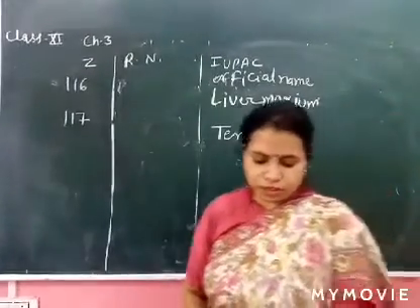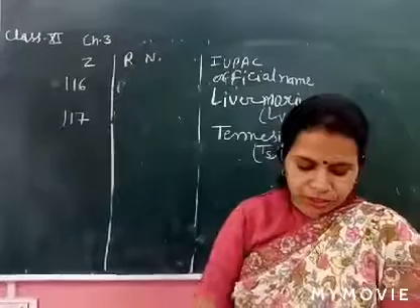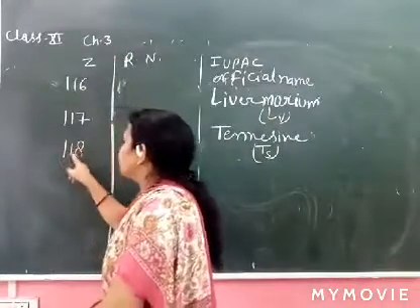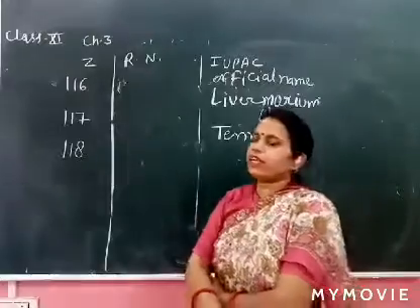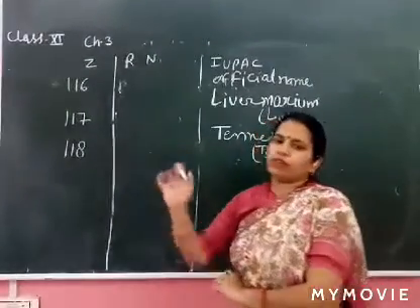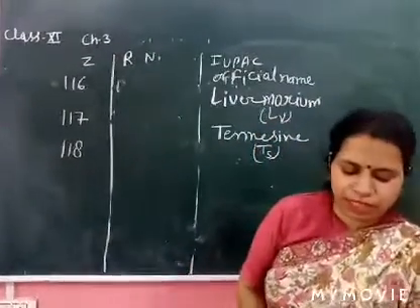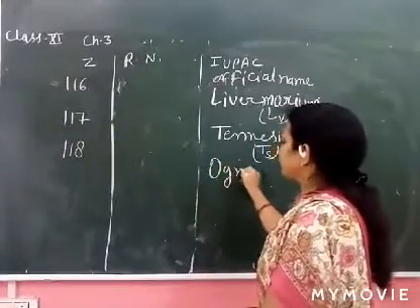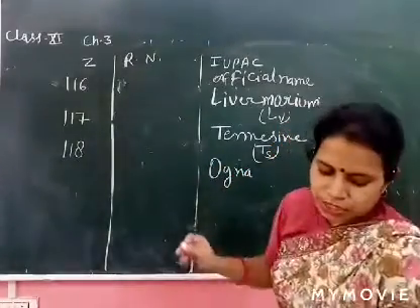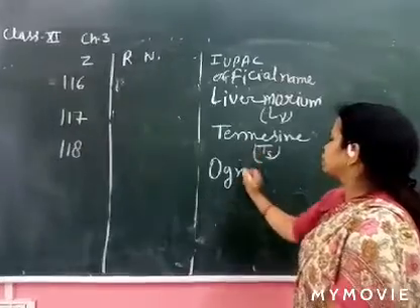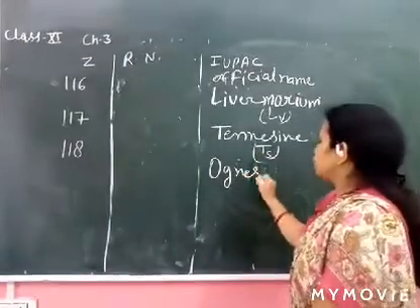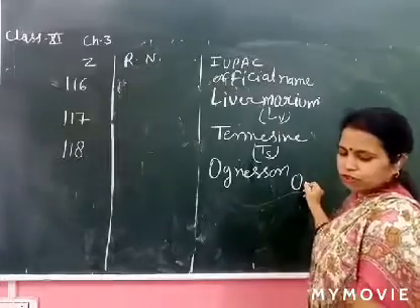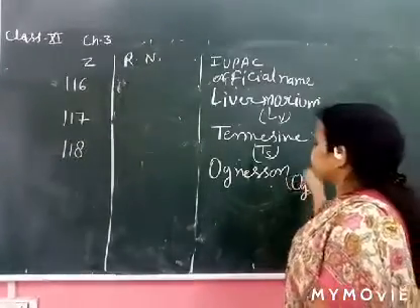Now 118, Ununoctium. It is known as Oganesson, and its symbol is Og. Clear to you?